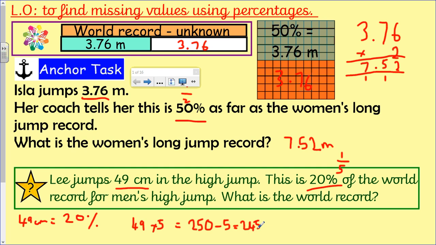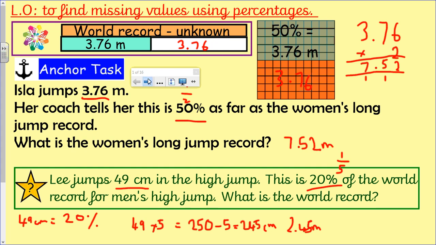Or indeed, if you're feeling clever, you could change that into meters and have 2.45 meters. You could do it column multiplication if you wanted to, like we did up here, but without the decimal, that's fine. You could partition it and do 40 times 5, so that's 200. 9 times 5 is 45. Add them together. There's loads of different ways, okay?